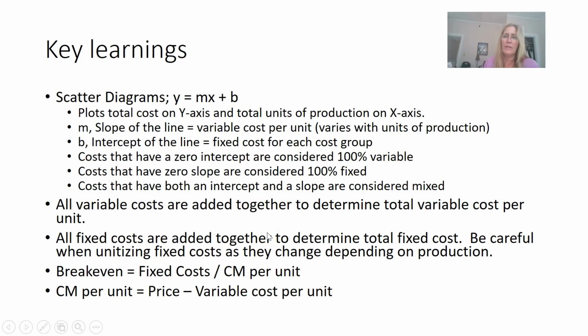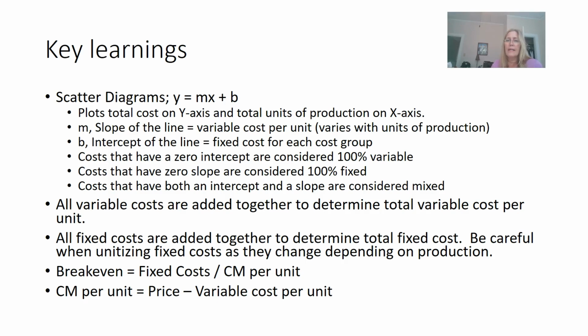All right, so here's the scatter diagram. What a scatter diagram does is give you an observation. So it's a coordinate. Remember that from your math classes. It's pairing up a y value and an x value. In this case, the y value is going to be the cost, and the x value is going to be the volume.